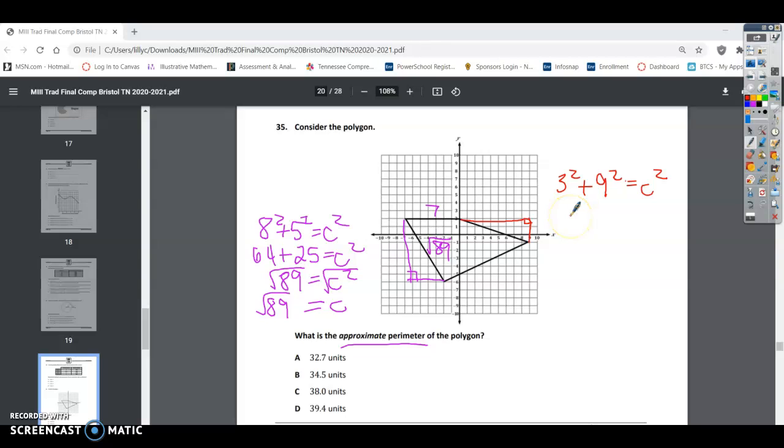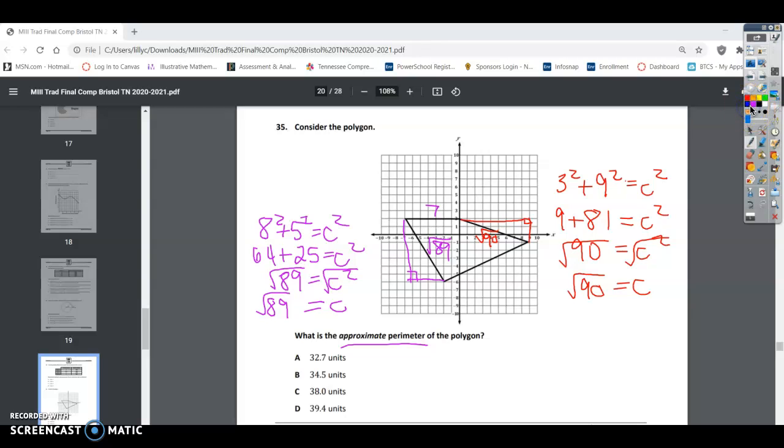So 3 squared plus 9 squared, so that side length is square root of 90. So this one is square root of 90.